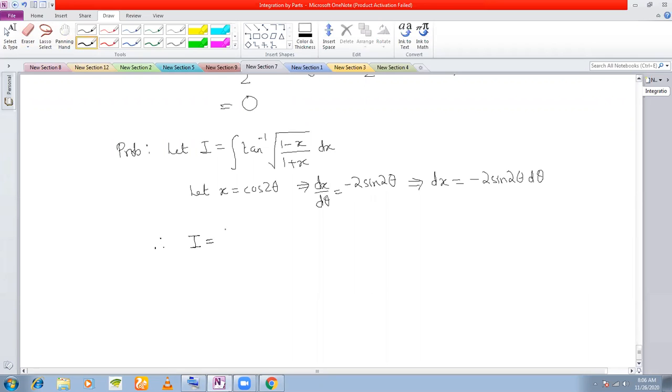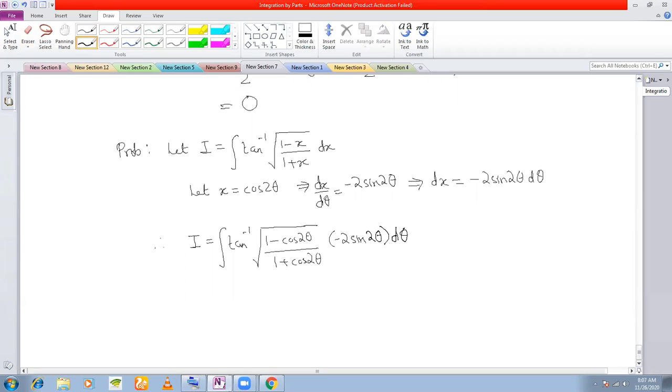I is integral tan inverse root of (1 minus cos 2 theta) by (1 plus cos 2 theta), and instead of dx you put here minus 2 sine 2 theta d theta. So everything has now been changed to theta.